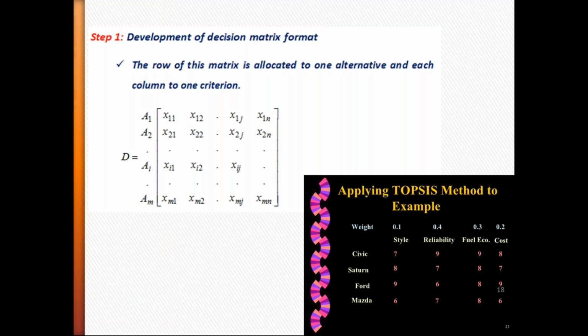Understand? Along this particular column, j is fixed, and i is varied from 1 to m: x1j, x2j, xij, xmj. So that means j is fixed, and we have to consider column wise, where i is varying from 1 to m.